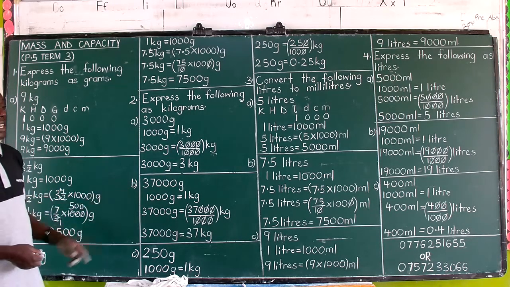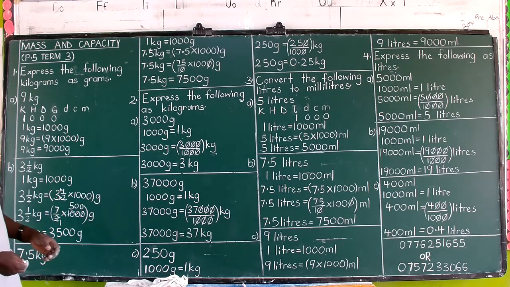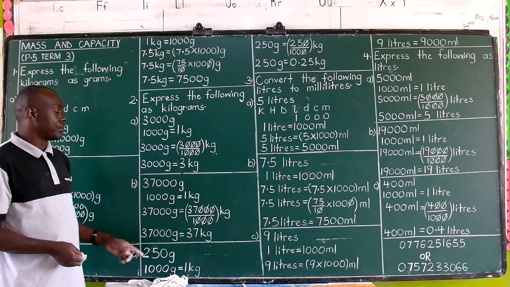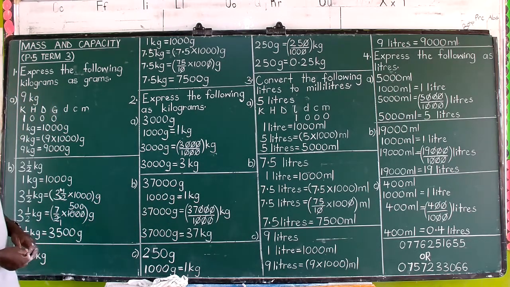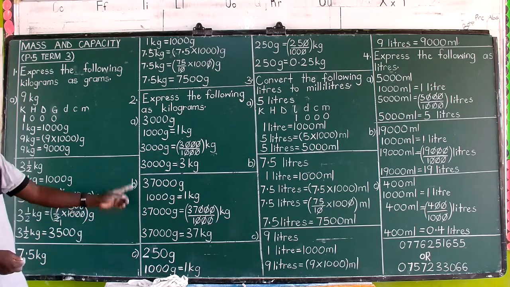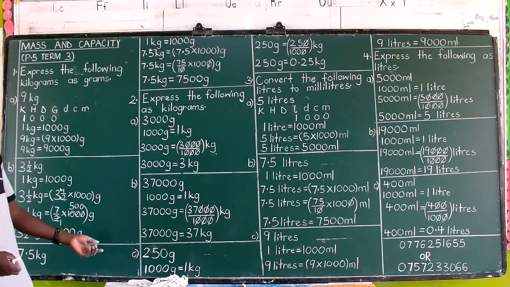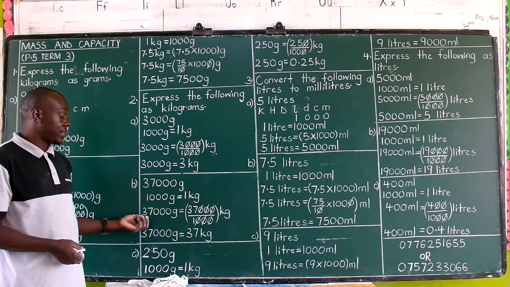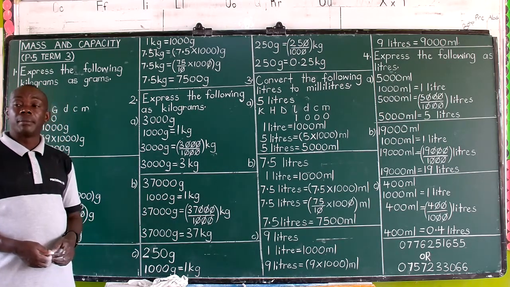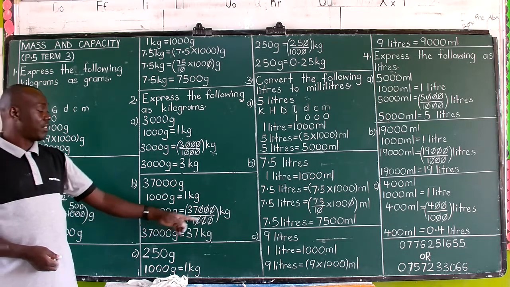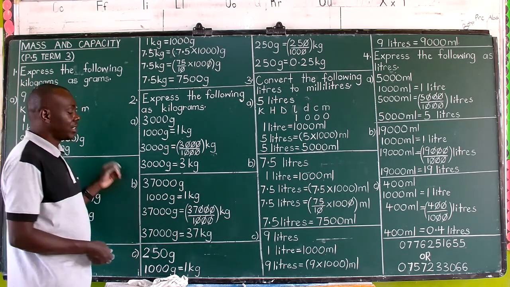As we go to part B. Part B converts 37,000 grams to kilograms. We do like we've done in A. State 1,000 grams are equal to 1 kilogram. What about 37,000 grams? You still divide by the fact. You get 37,000 divided by 1,000. Answer in kilograms.